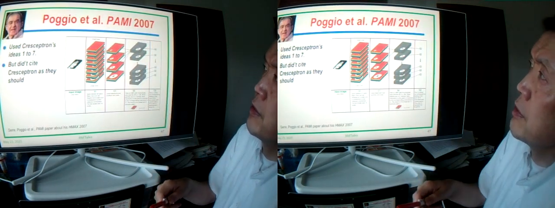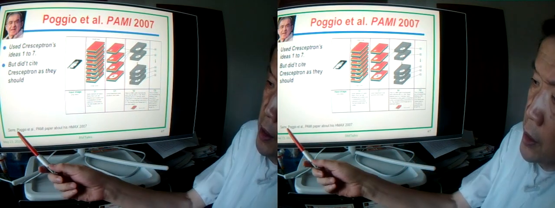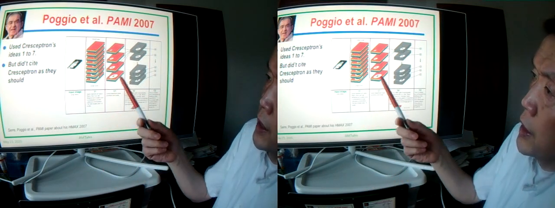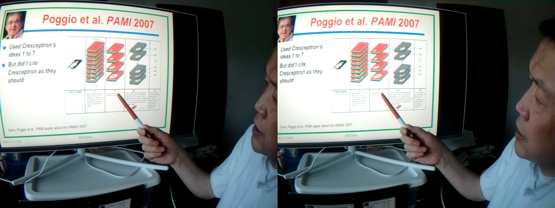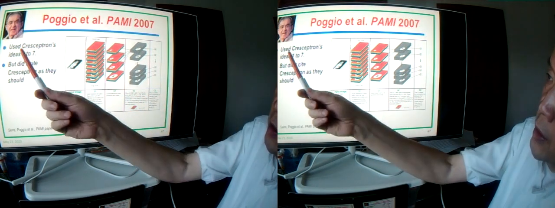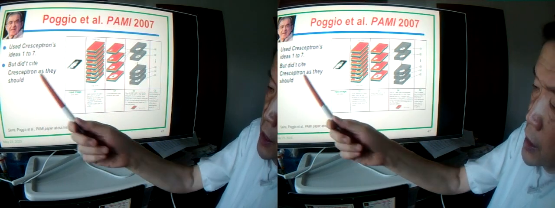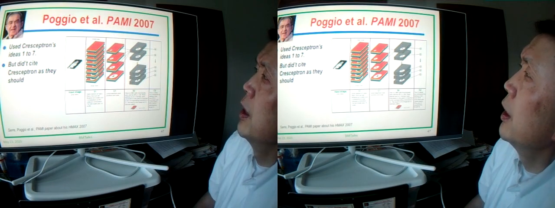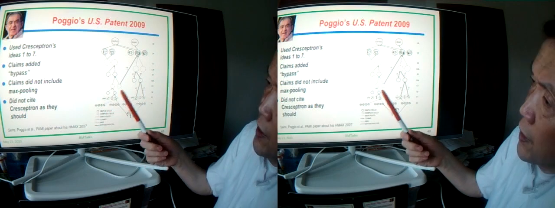Purdue, by 2007, already had an experimental system, and the architecture is like that. They have maximization, see that? This is the idea of Cresceptron. They used ideas 1 to 7 from Cresceptron, but they did not cite Cresceptron. At that time, Purdue filed a patent.